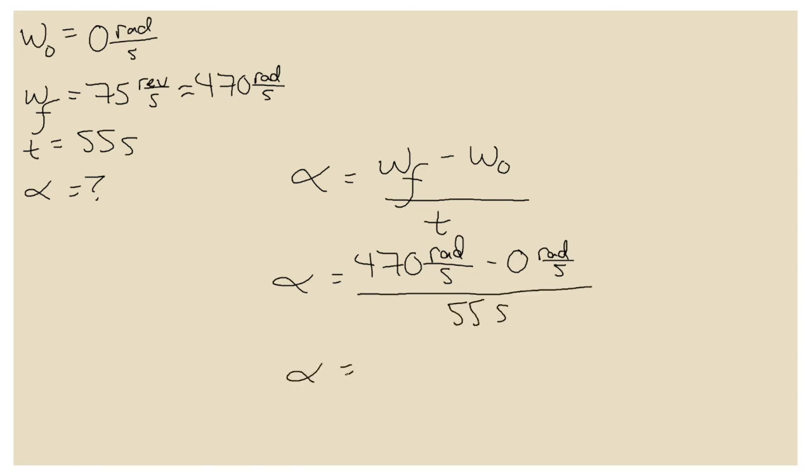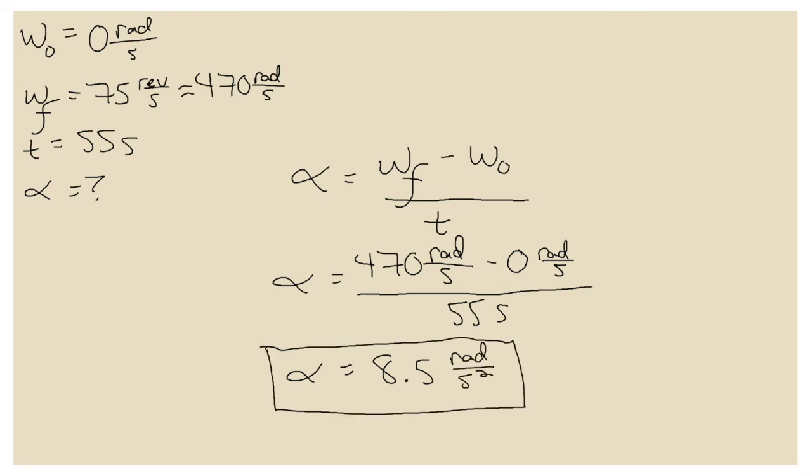And when you do that math, 470 over 55, you get 8.5 radians per second squared. And again, we're just going to call it 8.5 because the number on the calculator comes out to 8.54545454. And so we're going to call it 8.5 to 2 sig figs. And that's in radians per second squared.